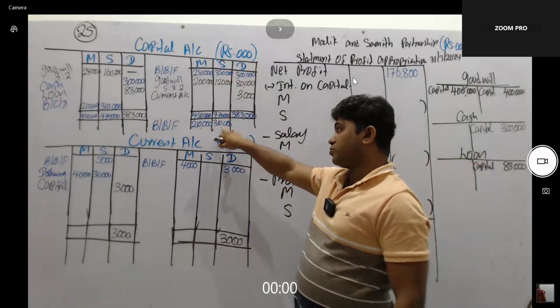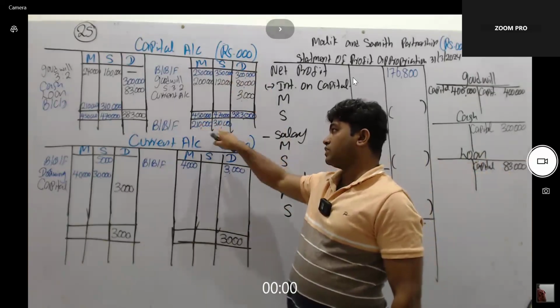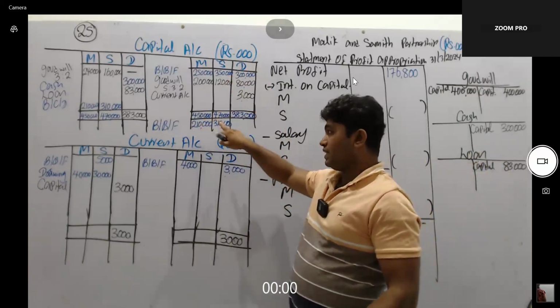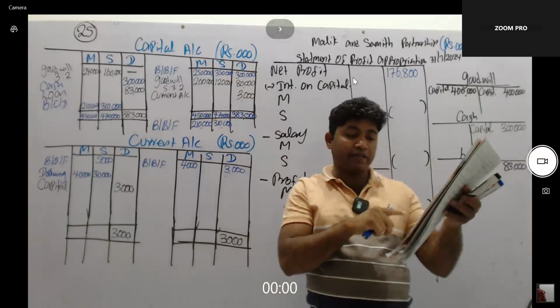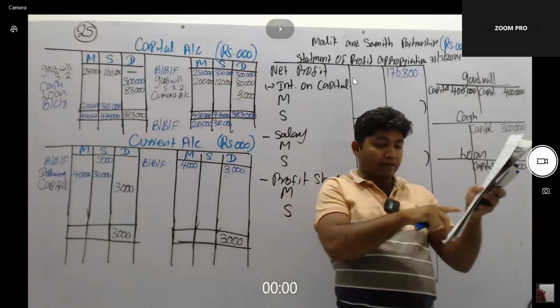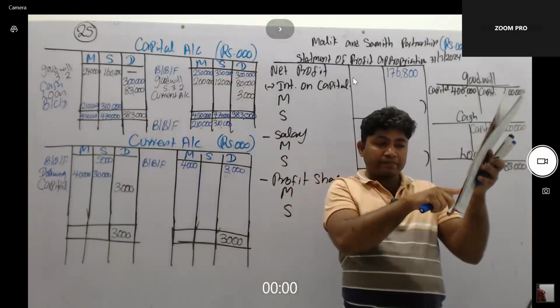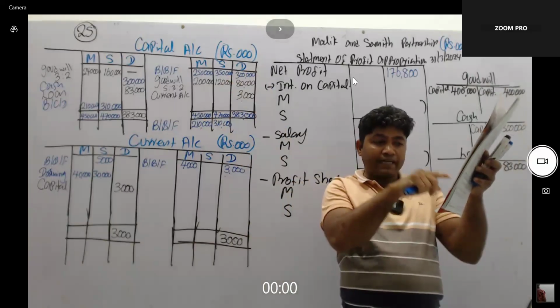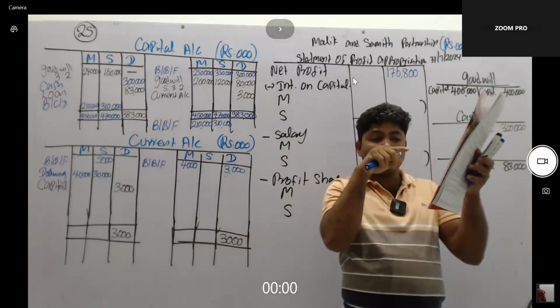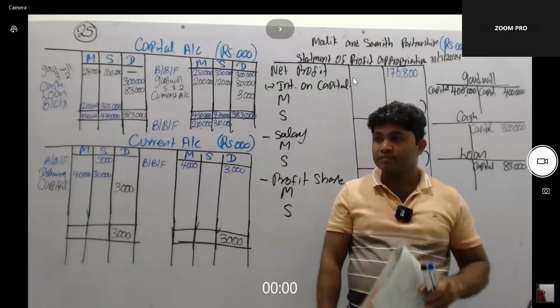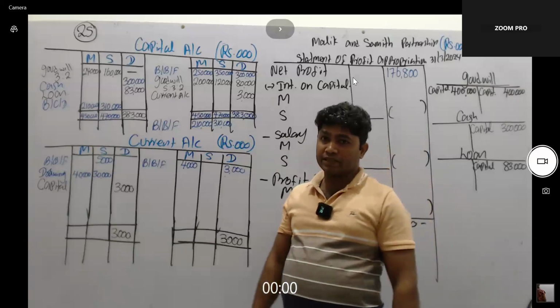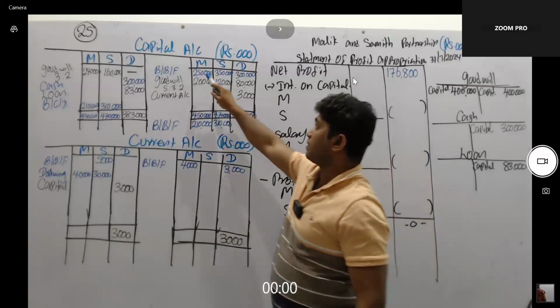But in this example, there is an agreement. According to the agreement, part B, interest on capital is 10% on their opening capital account balance. It is given specifically, on their opening capital account balance.